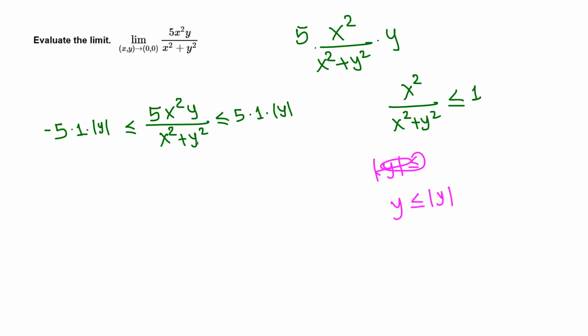x squared over x squared plus y squared, I mean this number, is in fact at most 1, which is bigger, but if we put a negative in front, this will be smaller. This is always positive, so the negative will take care of that part.